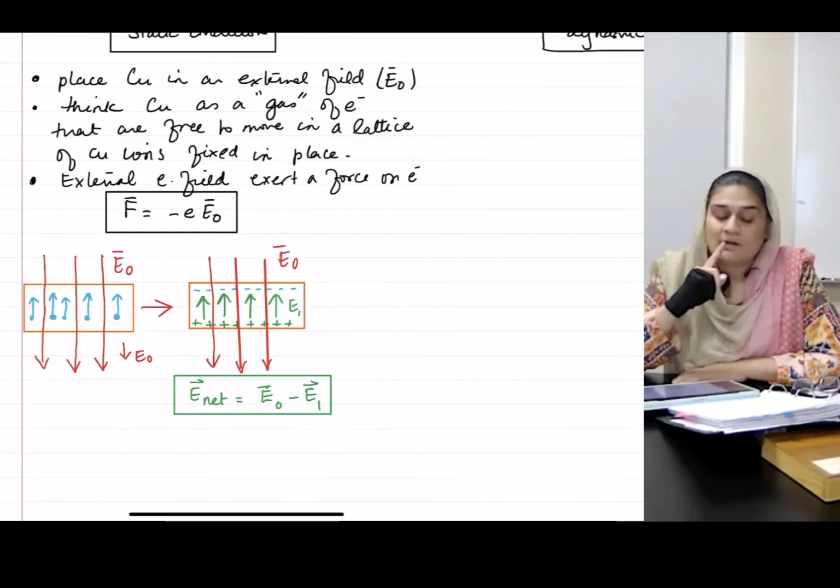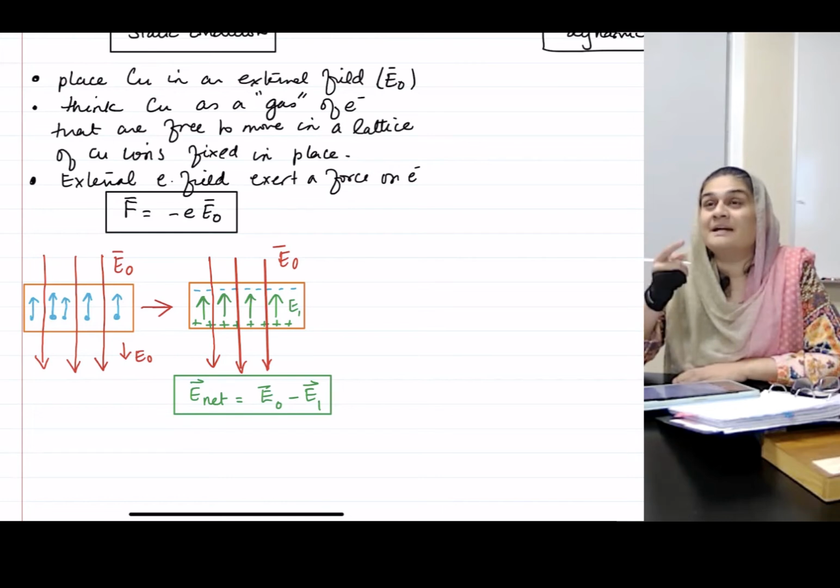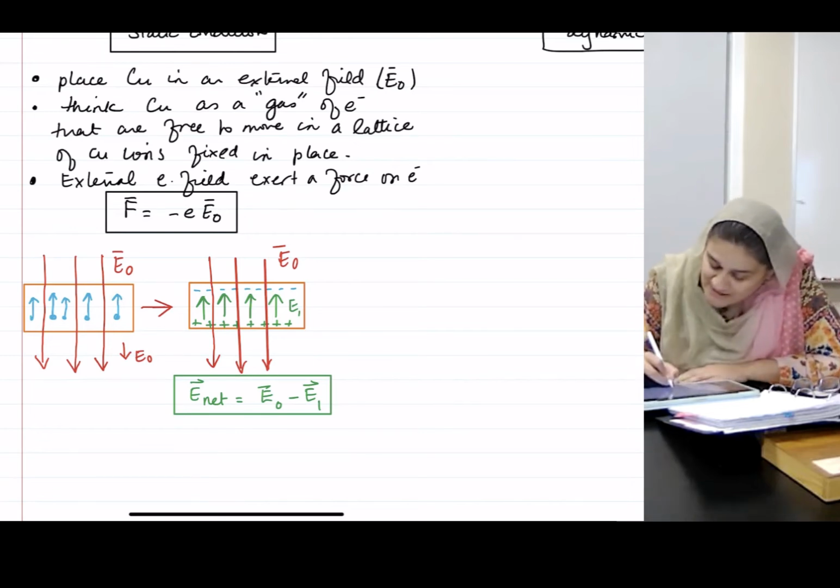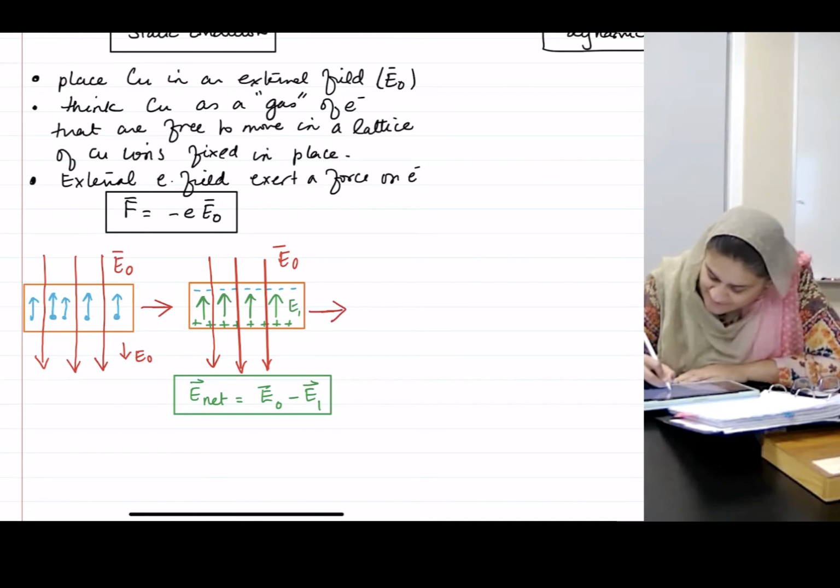However, did we not know that the E field inside a conductor has to be 0? Yes, we know that. And because of that, what ends up happening is this.